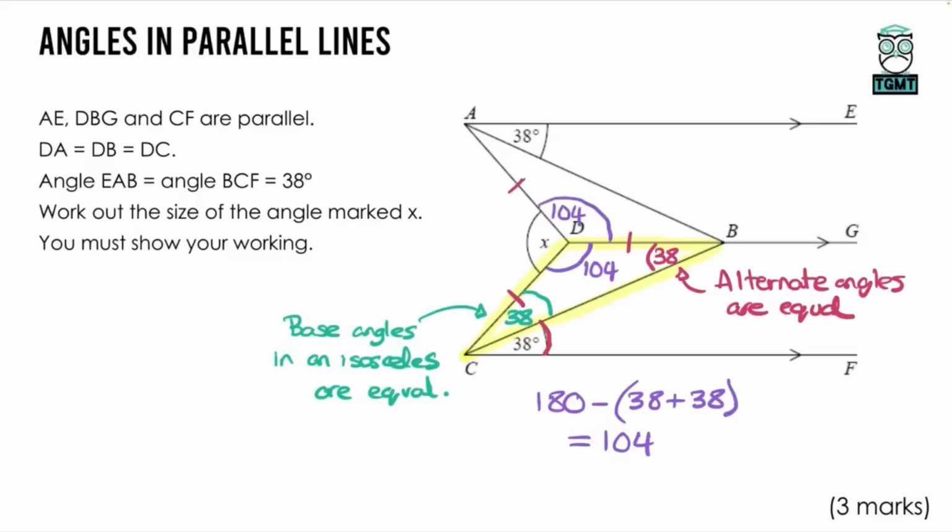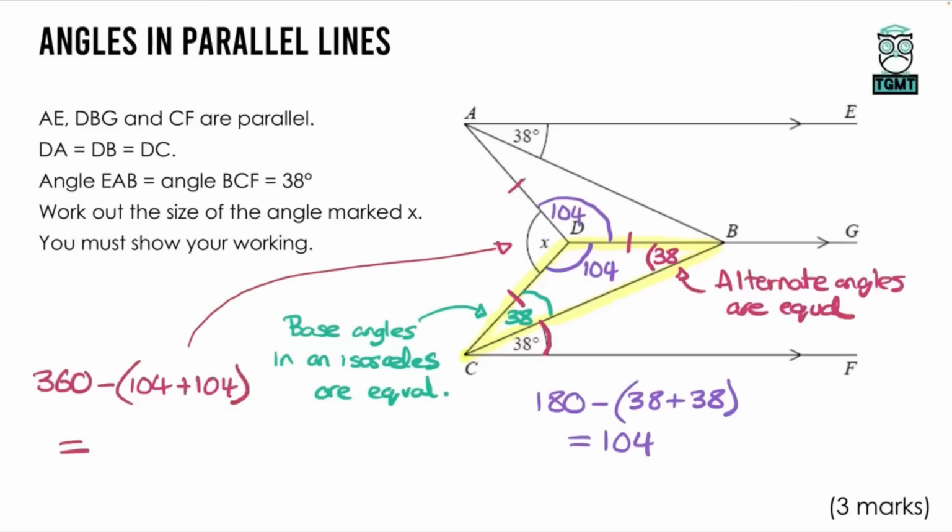So to find that angle X, that is the missing angle around a point. Angles around a point add up to 360. So to find our final angle here, we would do 360, the angles around a point, subtract the two 104s, so 104 plus 104, and there we go.